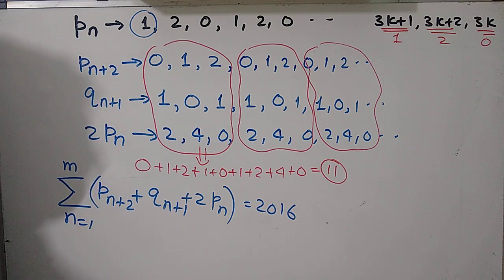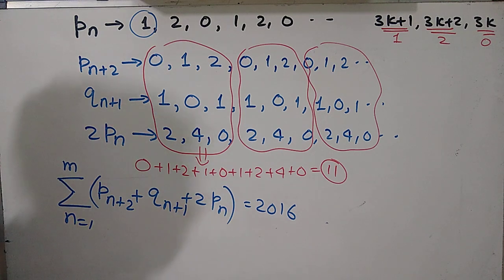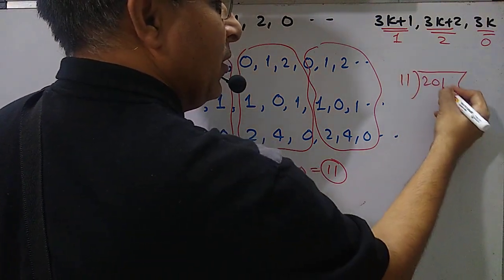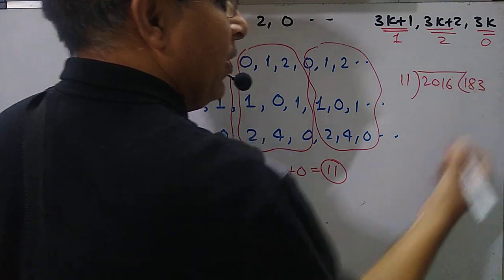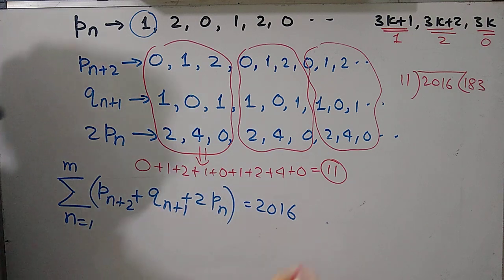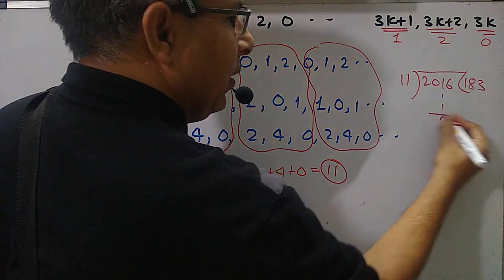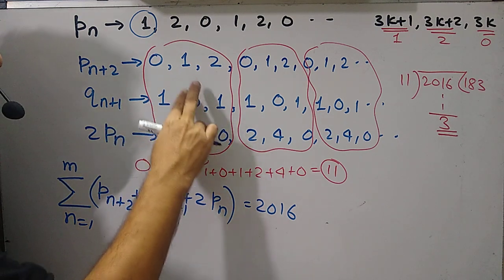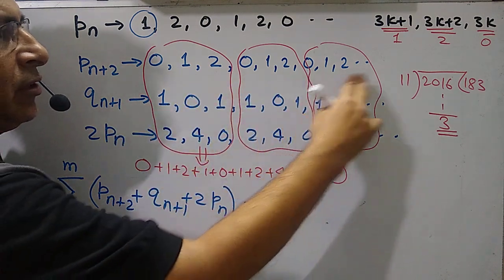So how many values are needed to make it 2016? We have to divide 2016 by 11. So it is 183, and we get 3 as a remainder. So that means we need basically 183 trios, one trio, two trios, three sets, four sets.